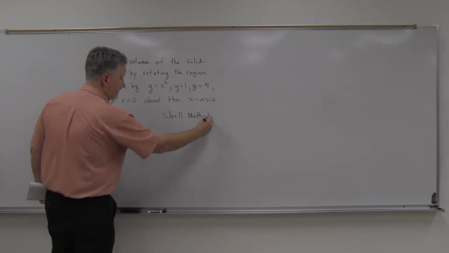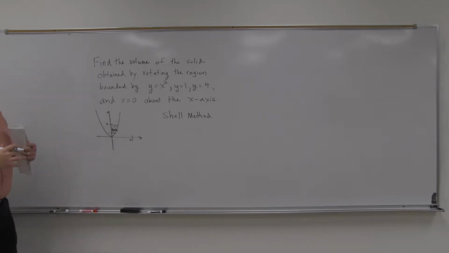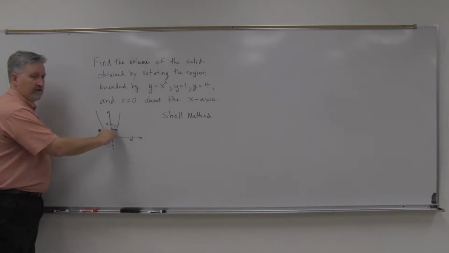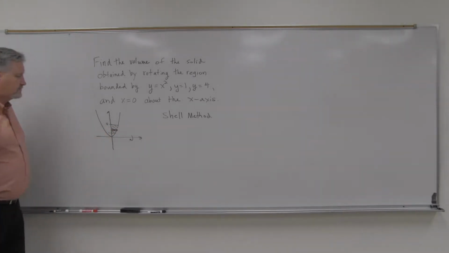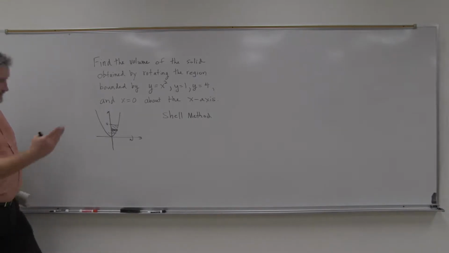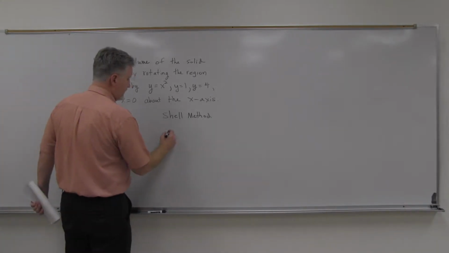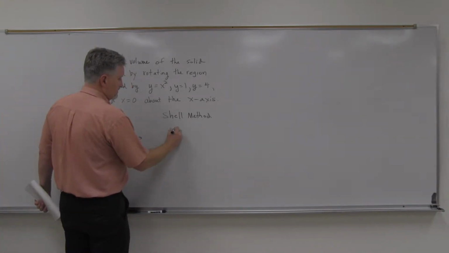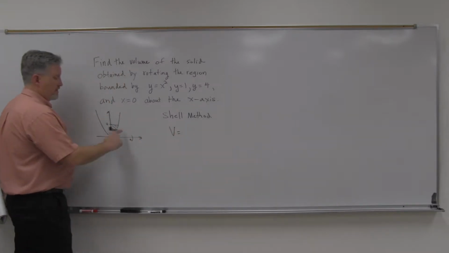I don't think we've done one where we had the shell method, and this means we're integrating with respect to y, right? The horizontal typical rectangle is integrated with respect to y. So let's talk about that. The shell method, integrated with respect to y.